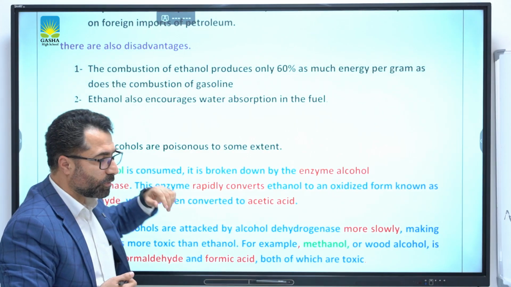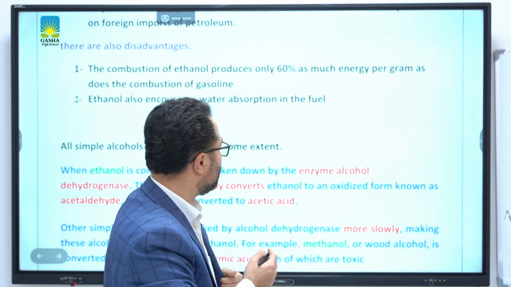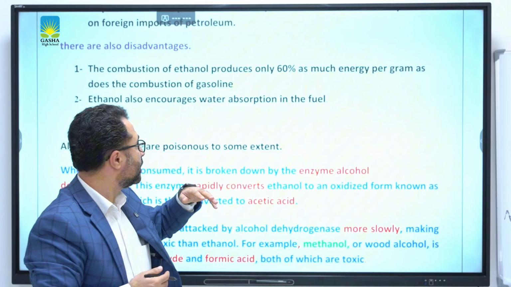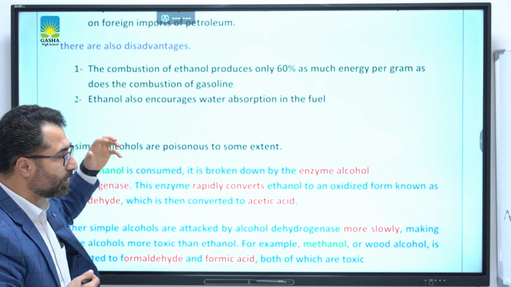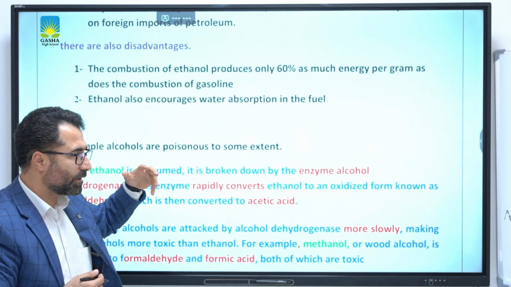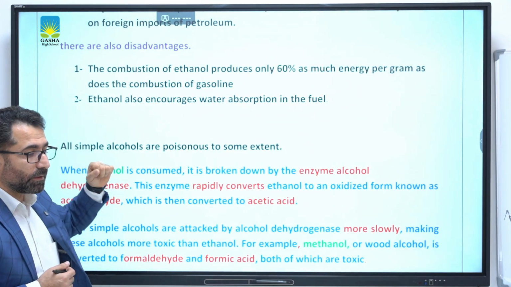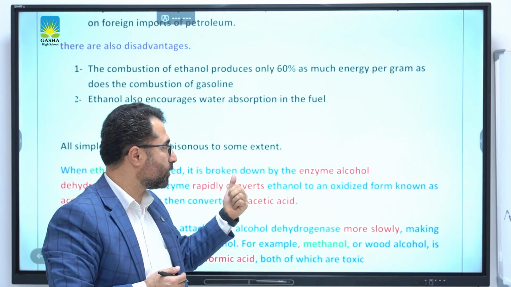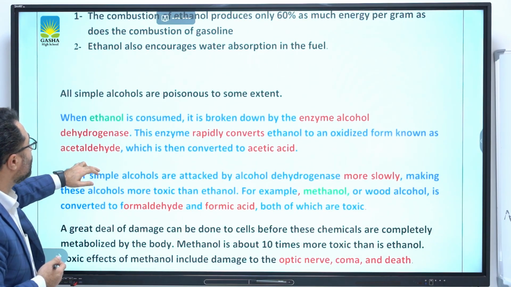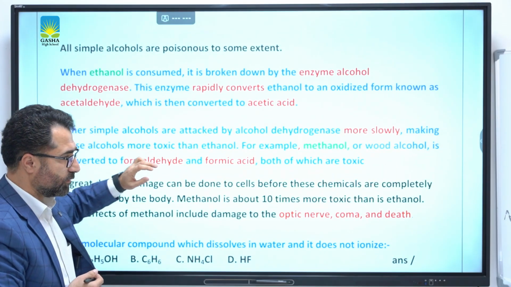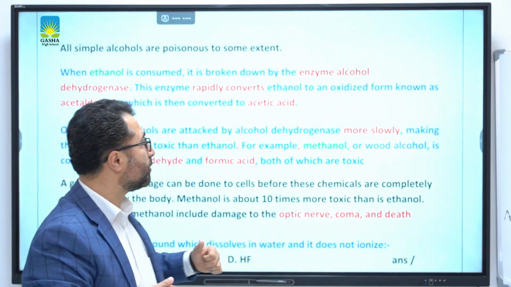Because it can produce only 60% of the energy of benzene, the energy of gasohol is lower than gasoline. And ethanol can absorb water into the gasoline, and it's a disadvantage. And all simple alcohols are poisonous, like methanol and ethanol.